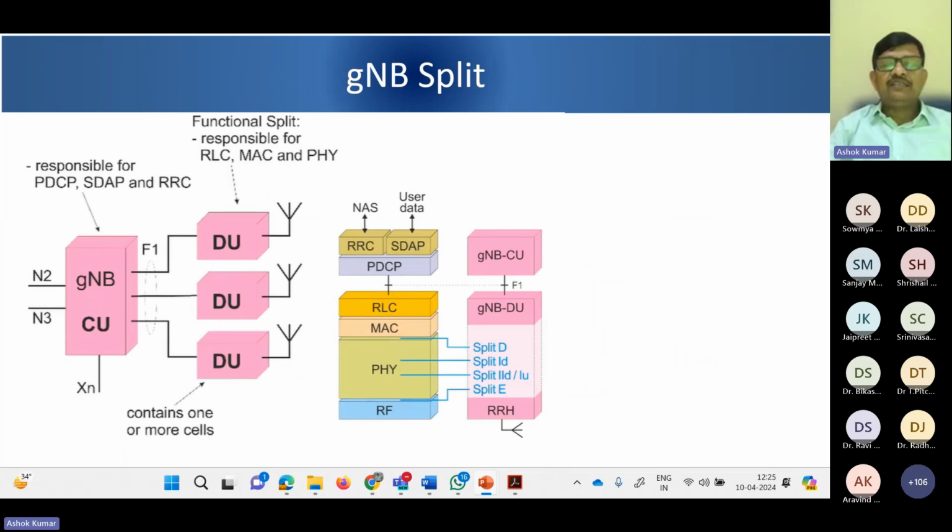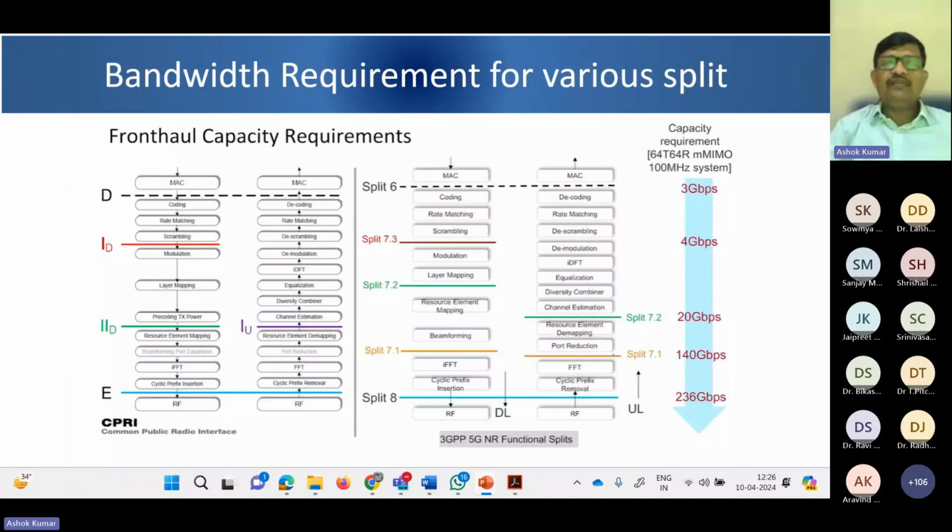As we have seen, in gNodeB our split is at split 2, if you recall, and no further split within the physical layer. That is not 3GPP, but Open RAN, and through eCPRI that has been defined.